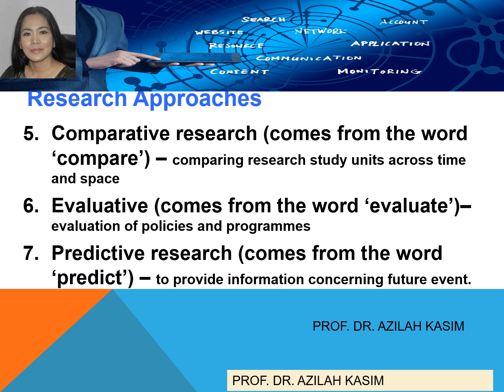For example, you study the difference between gender, men and women, how they react to certain things, or how they are involved in business, in tourism business, or in hospitality-related business, or event management business. So basically, what we do when we do comparative research is to compare two different entities.